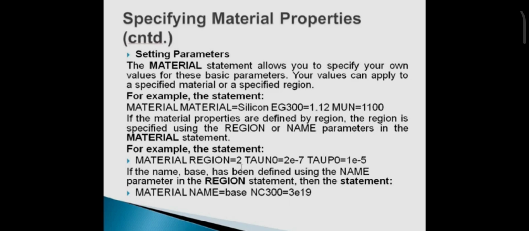For example, material region=2 TAUN=2E-7 TAUP=1E-5. TAUN specifies the lifetime of electrons in the trap level. TAUP specifies the lifetime of holes in the trap level. TAUN and TAUP define the bipolar device. Next slide please.